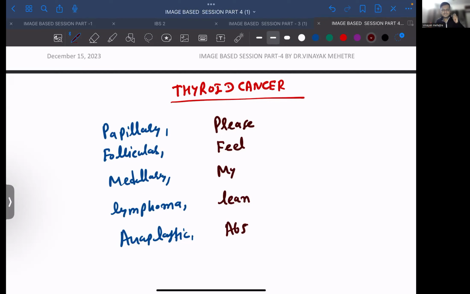Remember this mnemonic. Most common to least common, best prognosis to worst prognosis. This is the sequence of thyroid cancer.